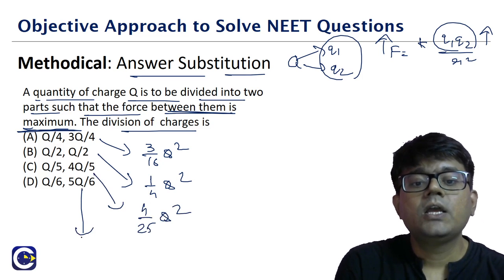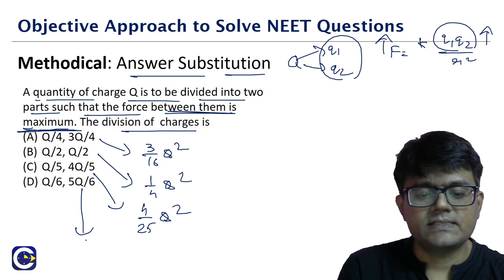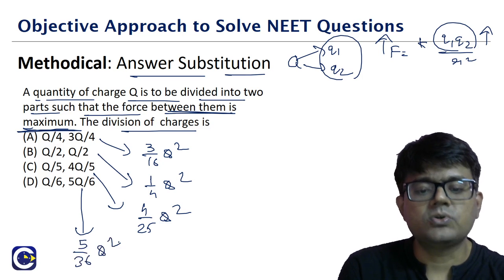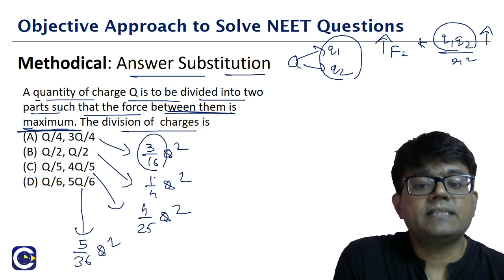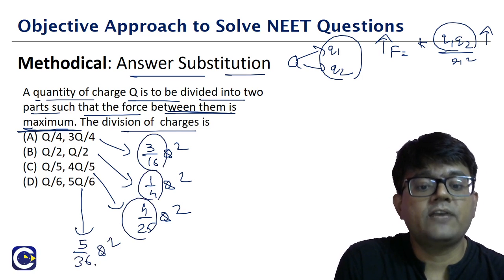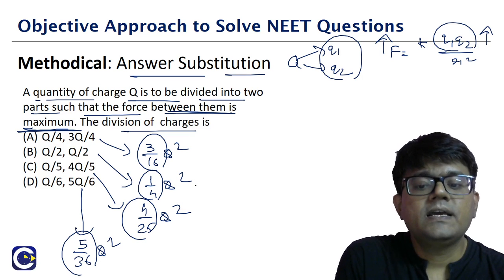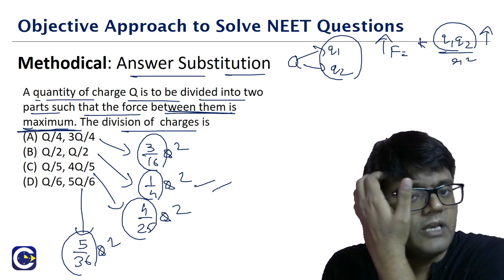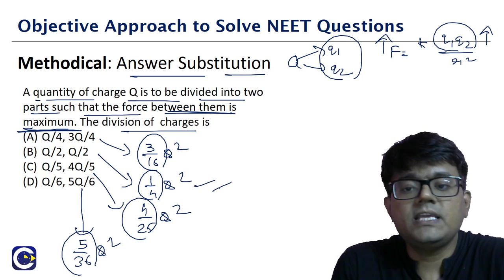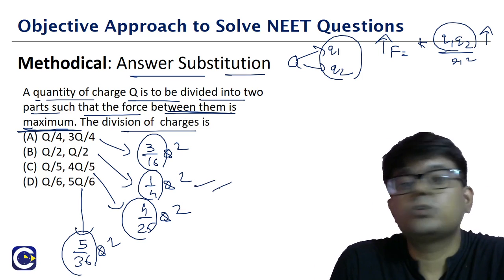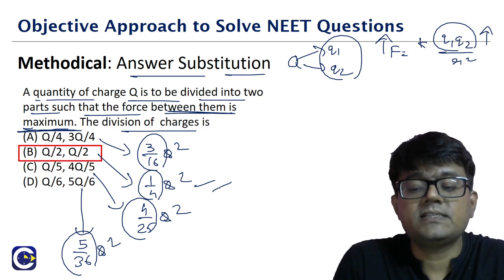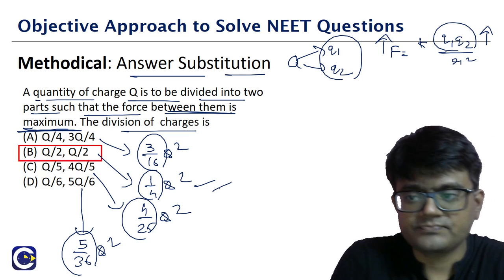Fourth case, q by 6 into 5q by 6 is 5 by 36 q square. Among 3 by 16, 1 by 4, 4 by 25 and 5 by 36, the maximum factor is 1 by 4. Where the product of the charges is maximum, there the force is also maximum. So the answer is option B.